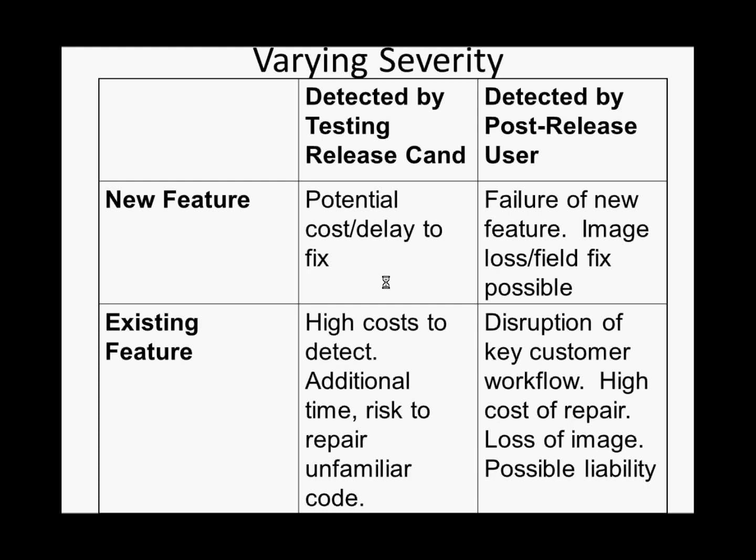Those regression tests, you're going to want to run on a regular basis. The test team will want to run them, but they're not typically going to be part of that build. Okay, so existing features, breaking them, bad, bad, bad. Capital B, capital A, capital D.